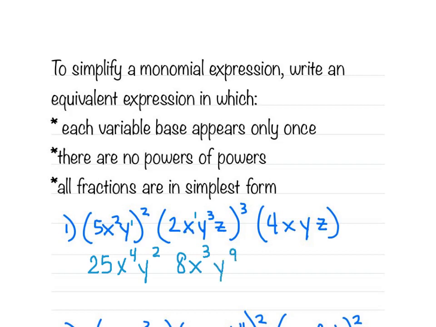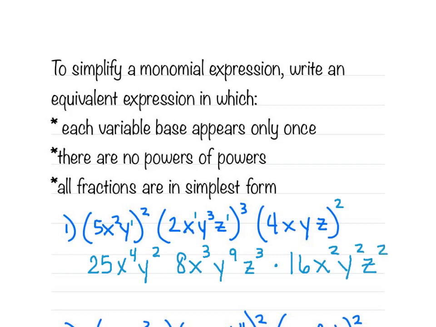And z to the first power cubed would be z cubed. And then let's go ahead and square this last product. 4 squared is 16, x squared, y squared, z squared.